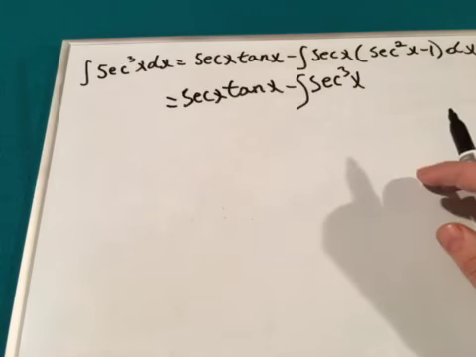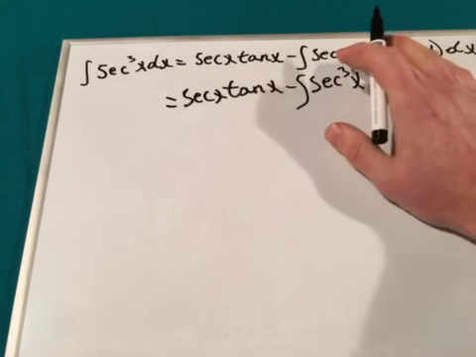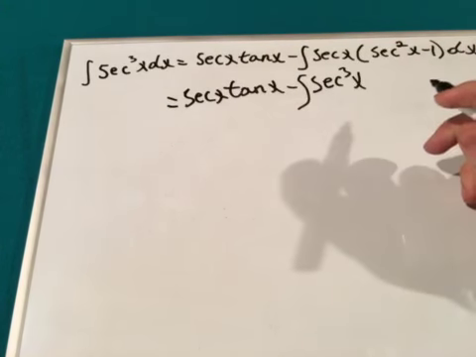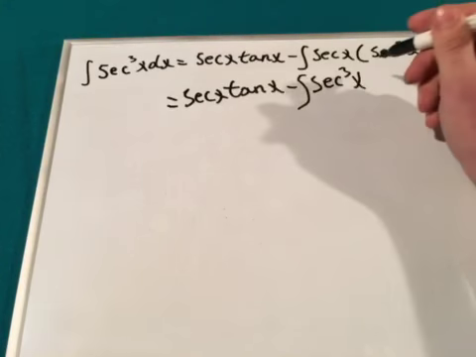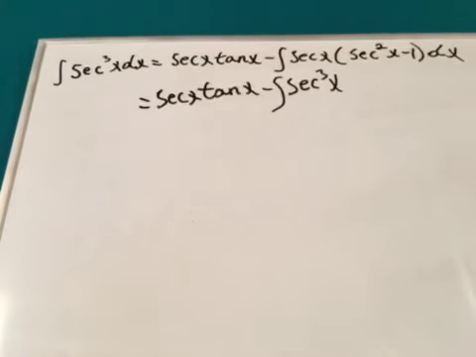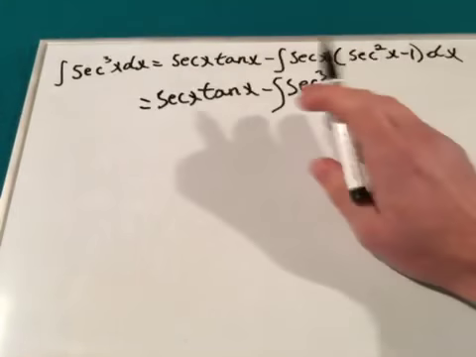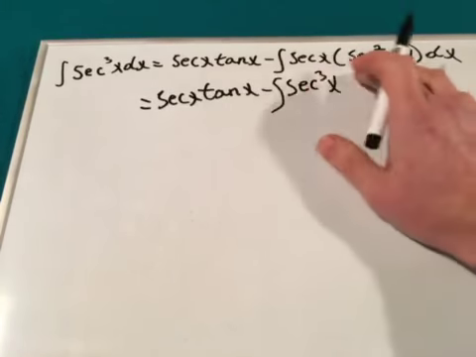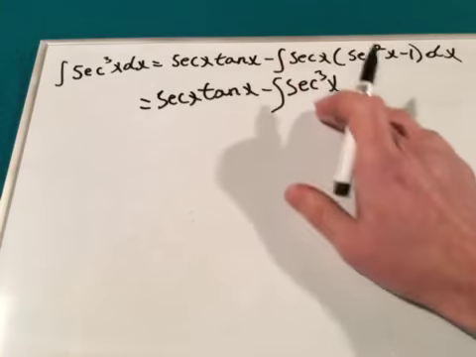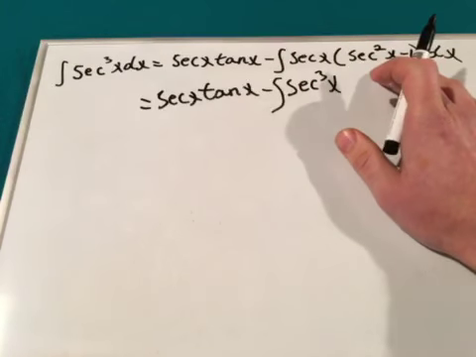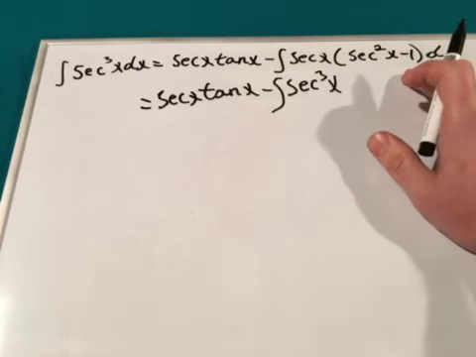And then we have secant x times a minus 1. So that's minus, we could split this up. Let's do that right now. This is going to be minus the integral of secant cubed x, and then minus secant x.